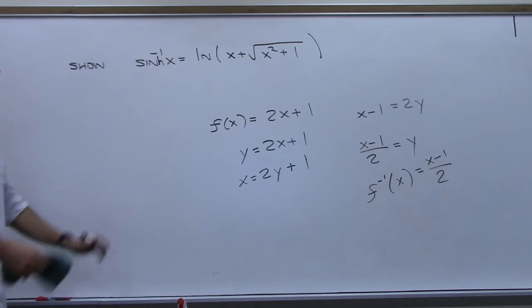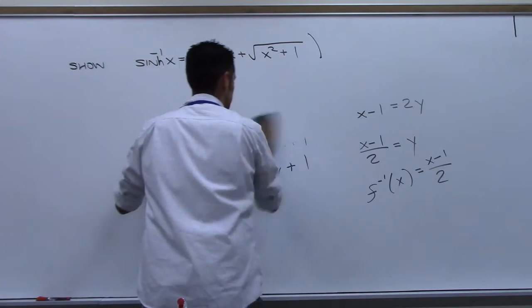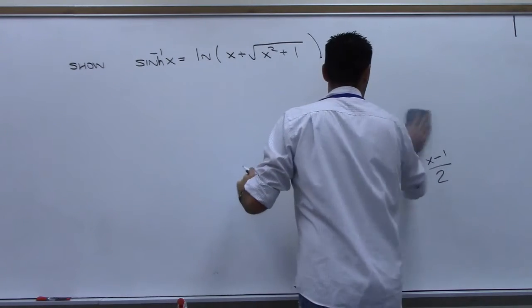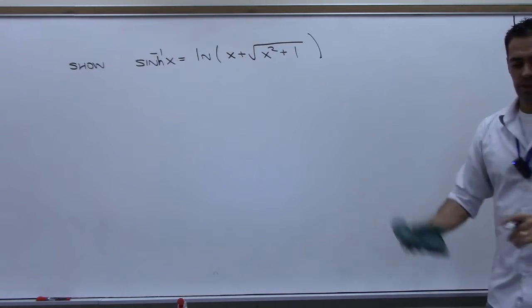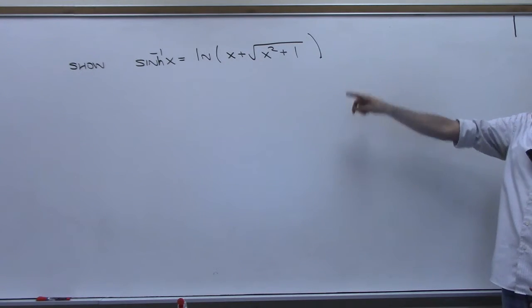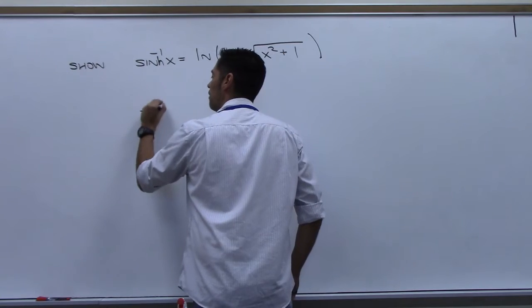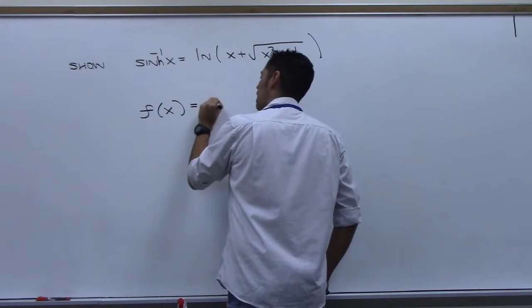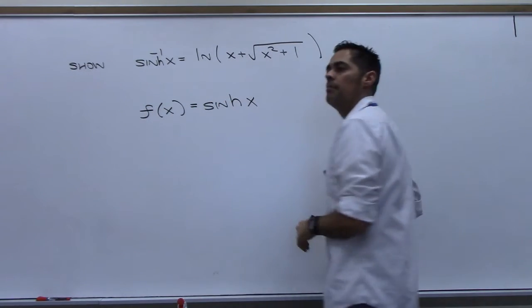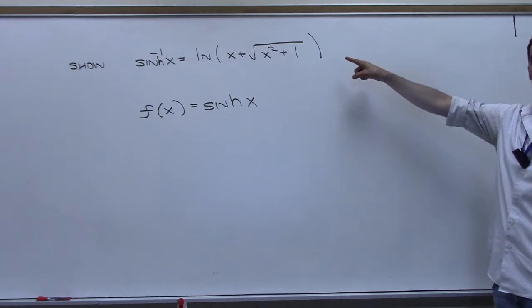So what I'm going to try and show you here is that the inverse of the hyperbolic sine function is this. Okay, so let me start out with the original function. Sine hyperbolic x, right? That's the original function. I'm trying to show you that its inverse is that.